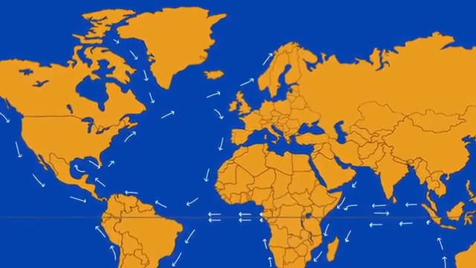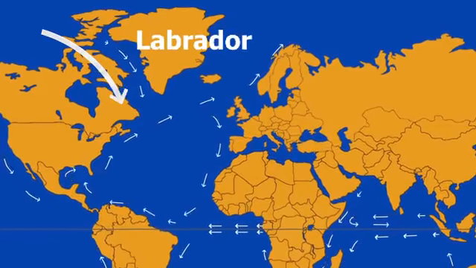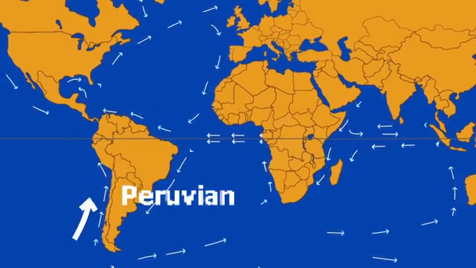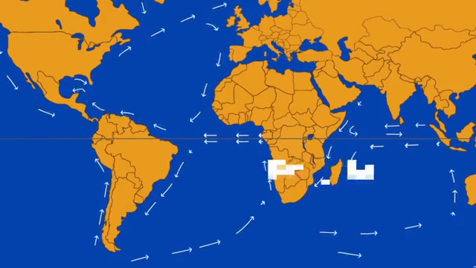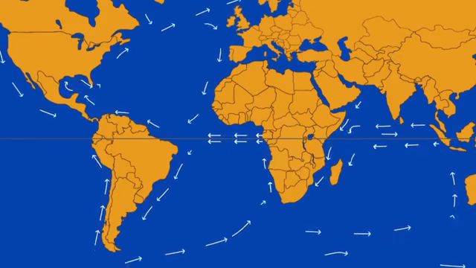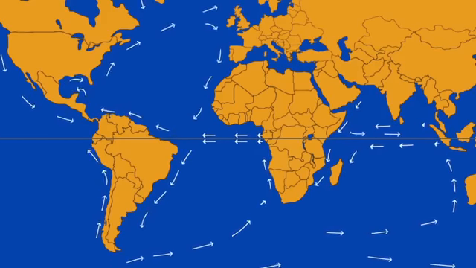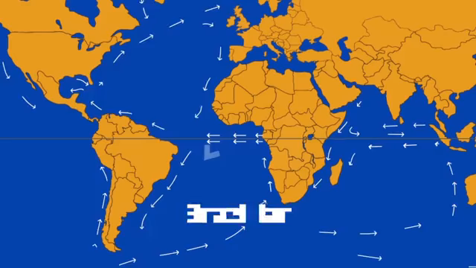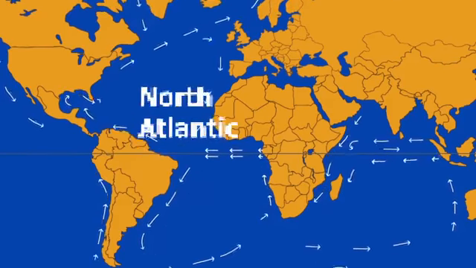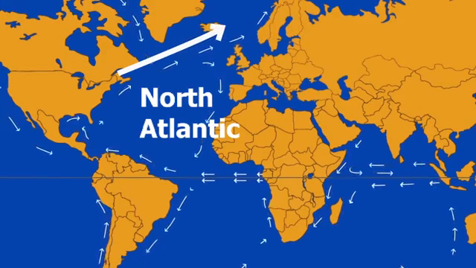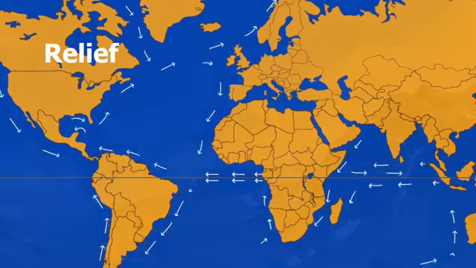Examples of cold currents are Labrador current, Peruvian current, Benguela current. Whereas examples of warm currents are Brazilian current, North Atlantic drift.